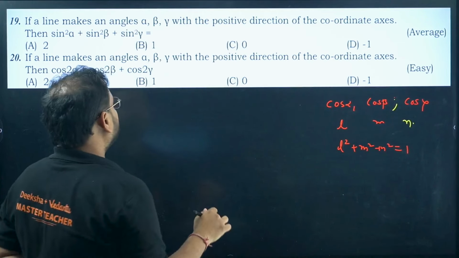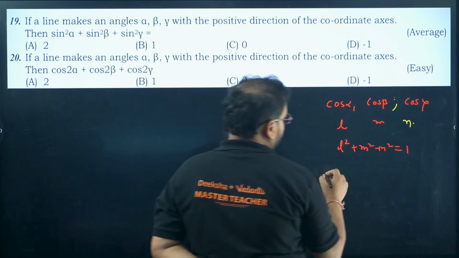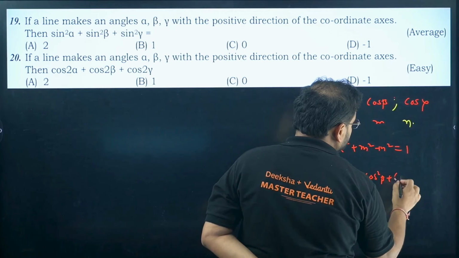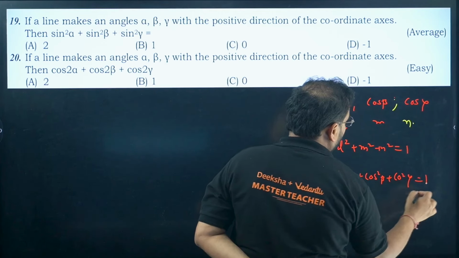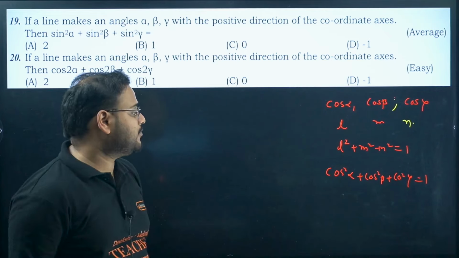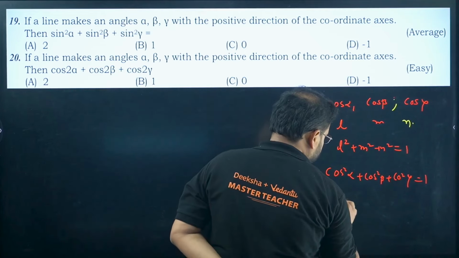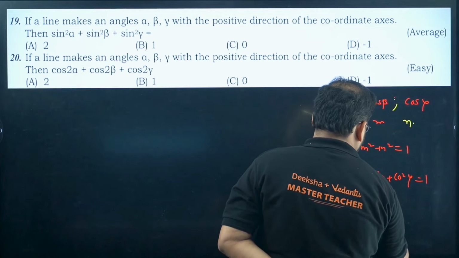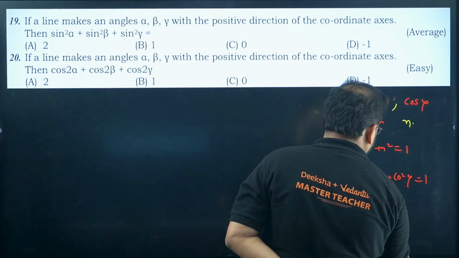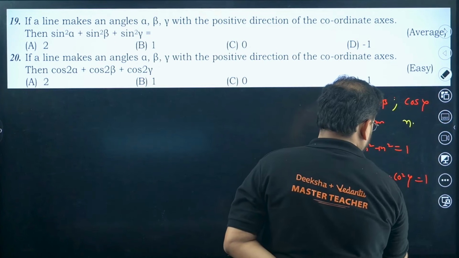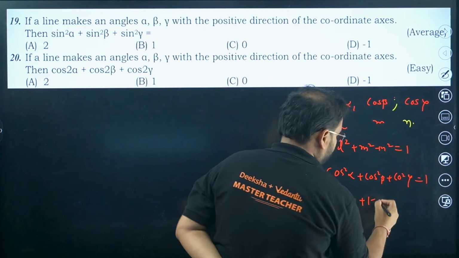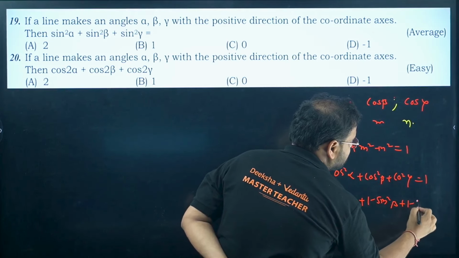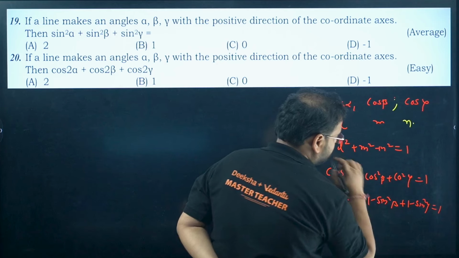In that case, cos square alpha plus cos square beta plus cos square gamma will be 1. And we have sine square, so I can write this as 1 minus sine square alpha, 1 minus sine square beta, and 1 minus sine square gamma equals 1.